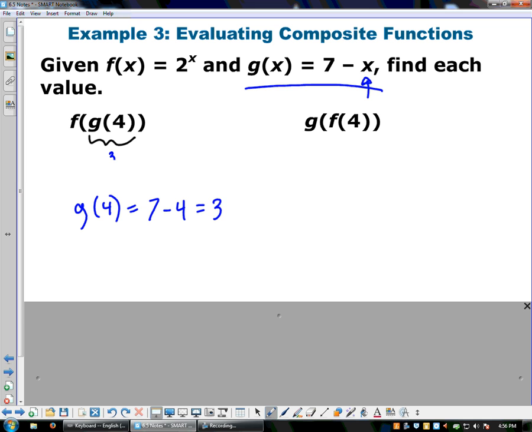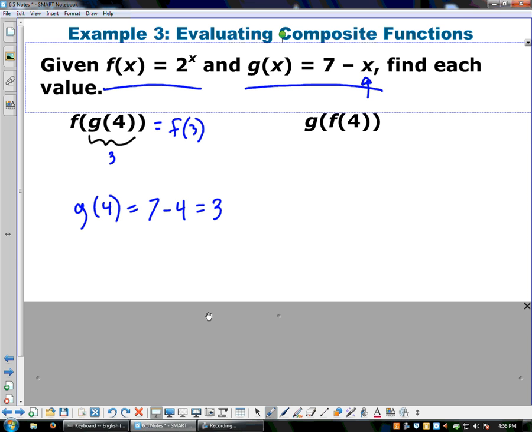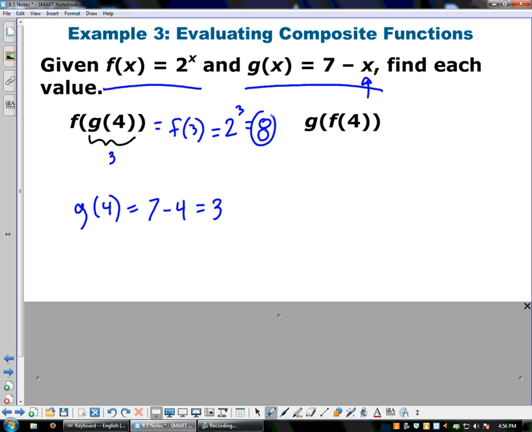So now I know that this inside part is equal to 3, which means I'm really trying to find f of 3. To find f of 3, I go to my f function, and I'm going to plug in 3 for x, and so I'm going to get 2 to the third, which is 8. So our answer for f of g of 4 is equal to 8.